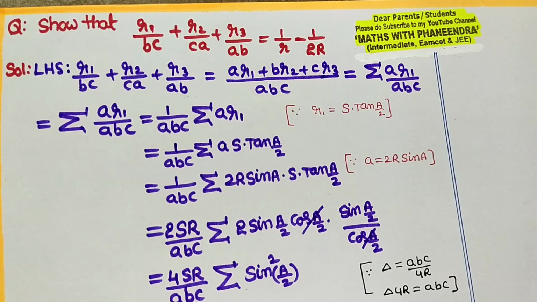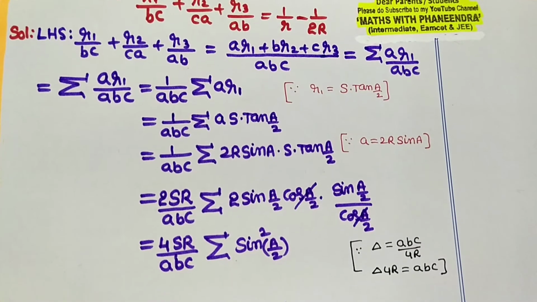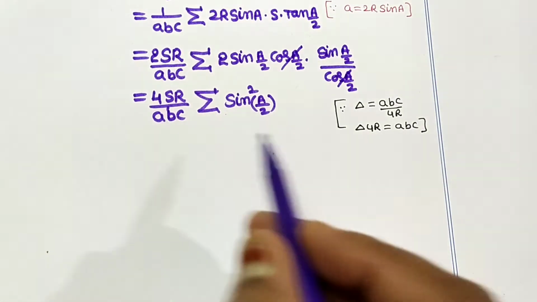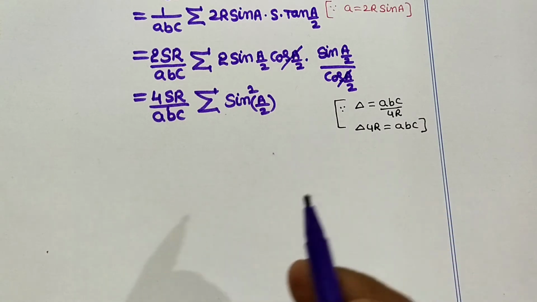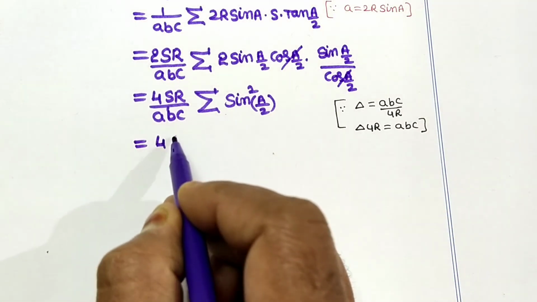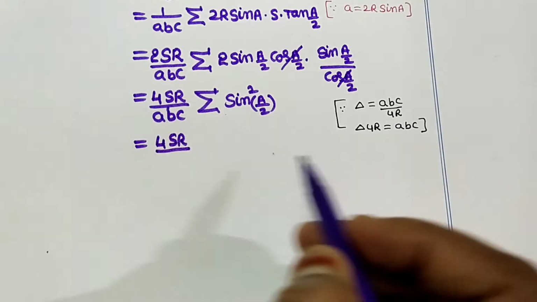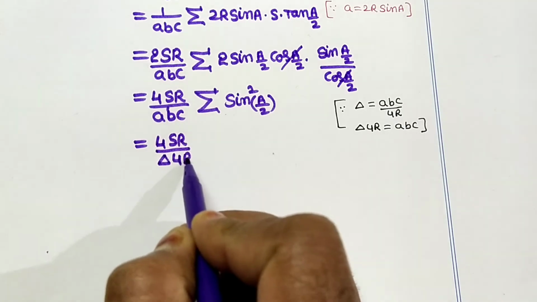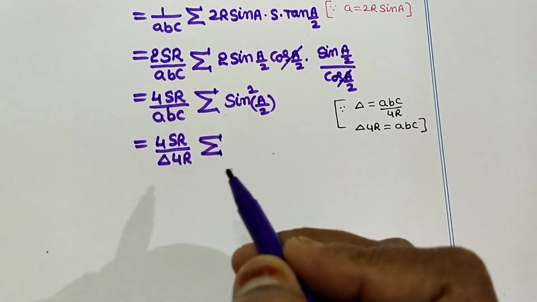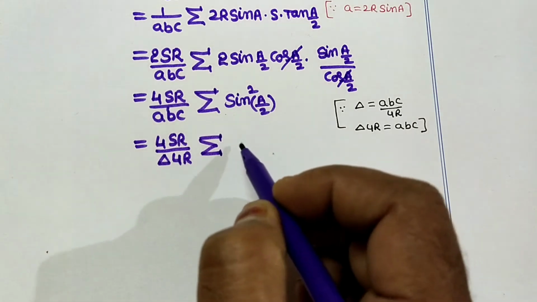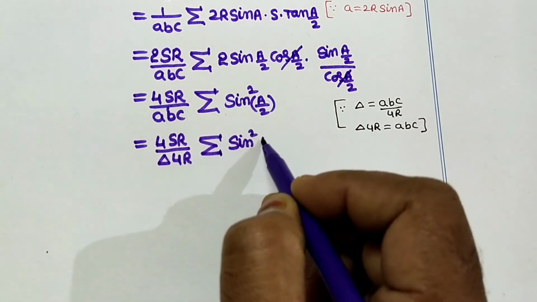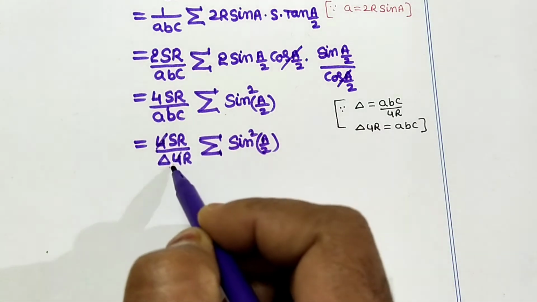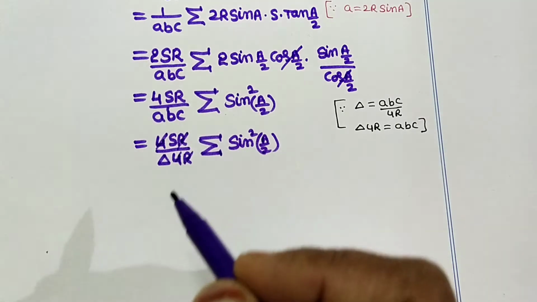So now in place of ABC here you have to write 4 delta R. It becomes 4SR divided by 4 delta R summation sin square A by 2. So here 4 gets cancelled, and one of the R values also gets cancelled.